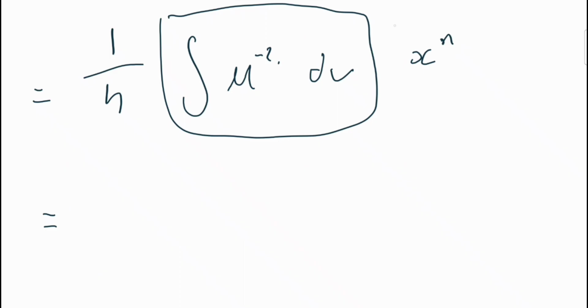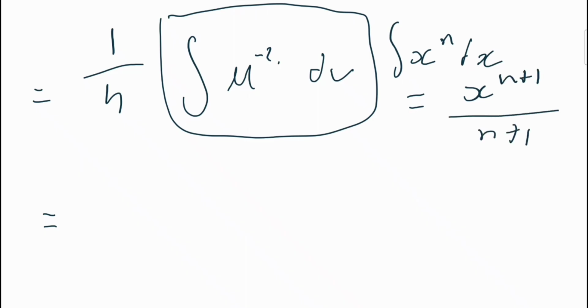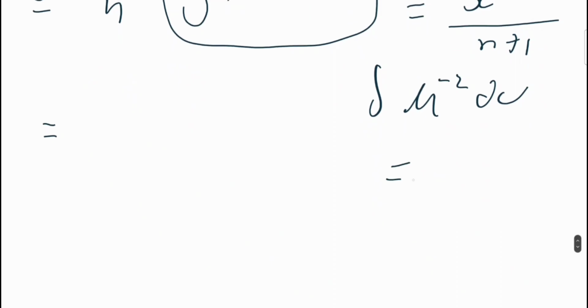The antiderivative is going to equal x to the n plus 1 over n plus 1. So if we apply that same rule for u to the negative 2 and take the antiderivative, this is going to equal u to the negative 2 plus 1 over negative 2 plus 1, or negative 1, and negative 1.